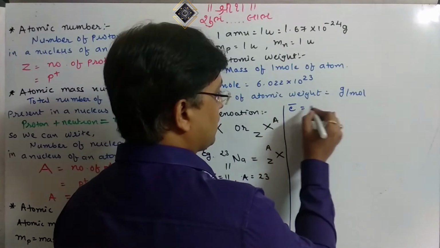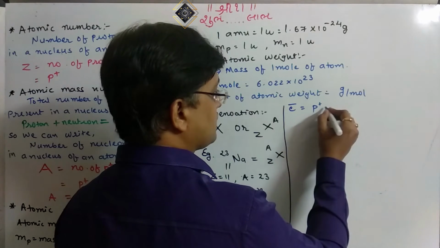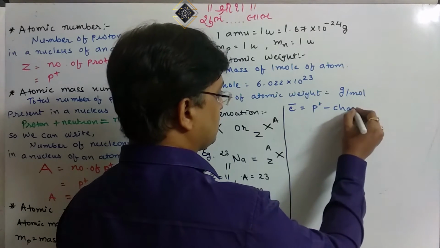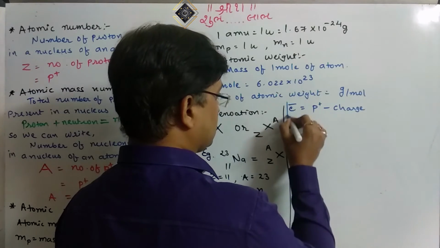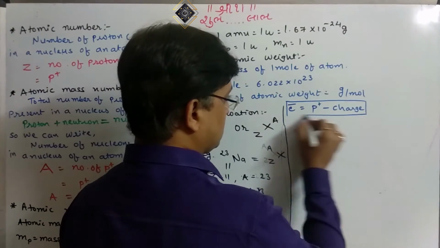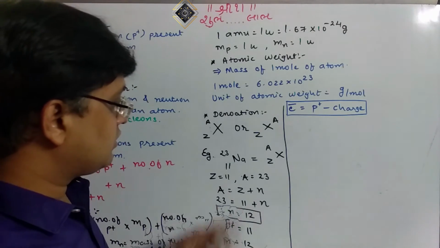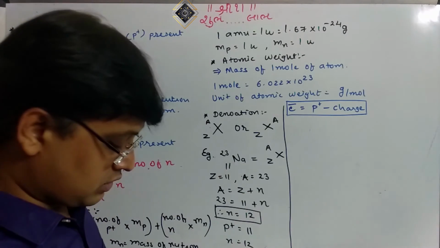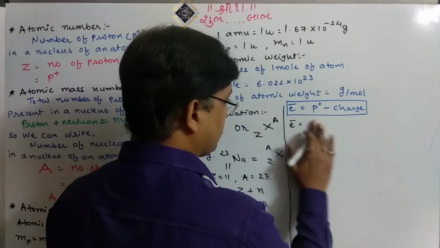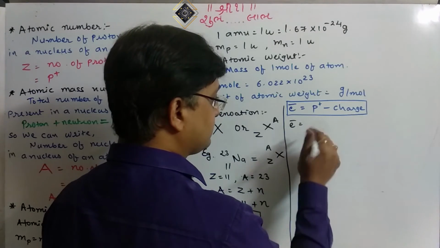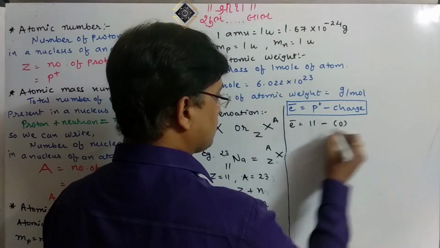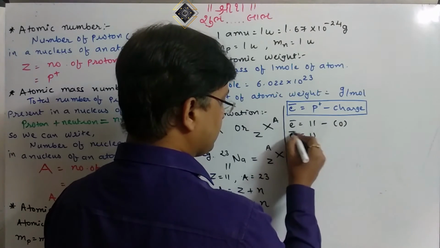To calculate the number of electrons, we have a formula. Electron is equal to proton minus charge. Remember this formula to calculate the electron. Here the charge of the sodium is 0, so electron is number of protons that we have, 11 minus 0, so number of electrons is 11.